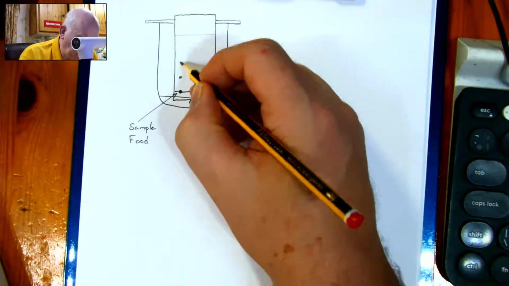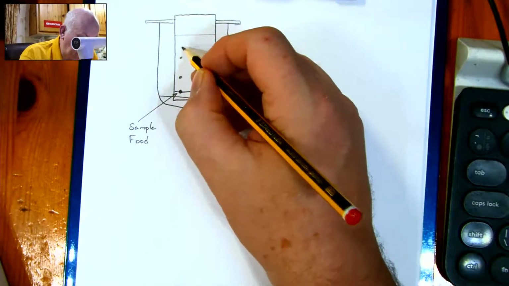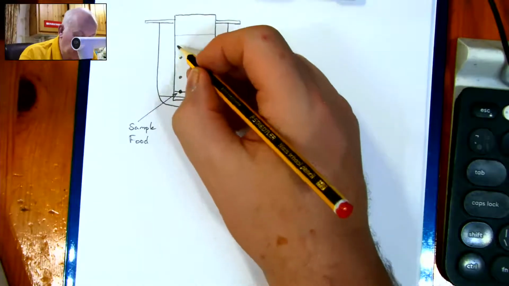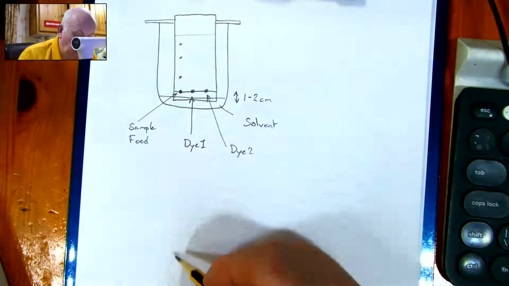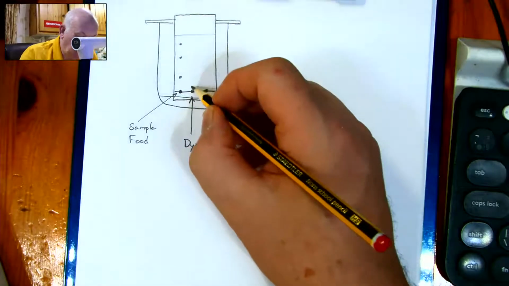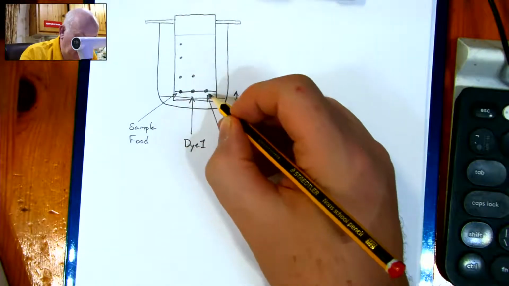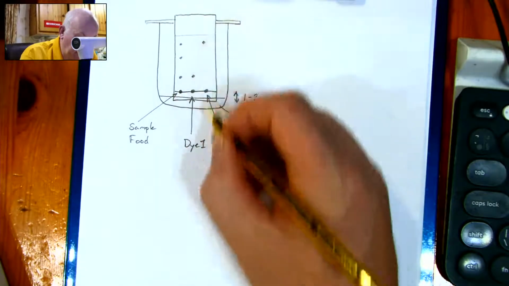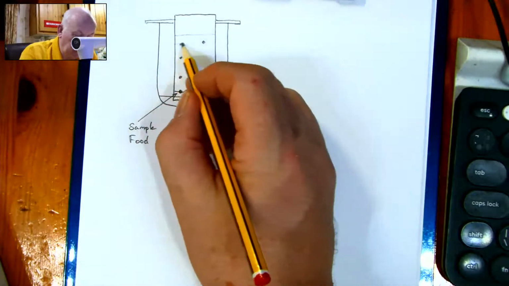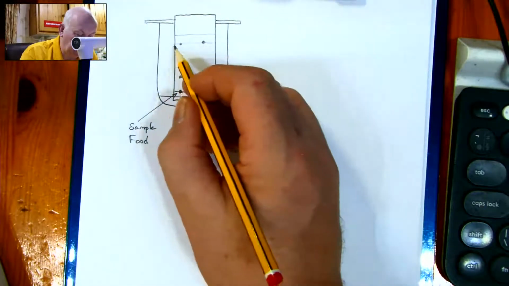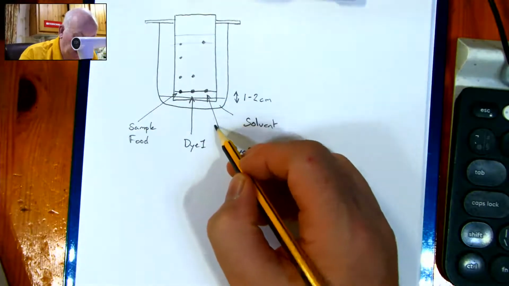My food sample might divide into 1, 2, maybe even 3 bits, and my dyes might separate out. So now I can say this, my food substance has dye 2.